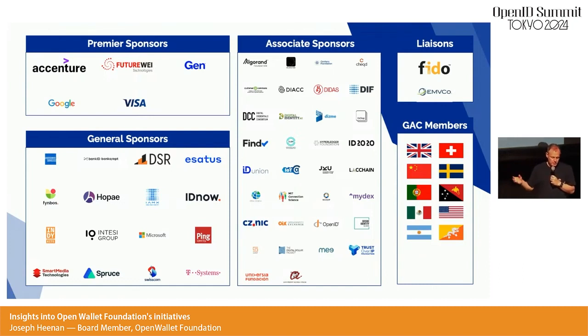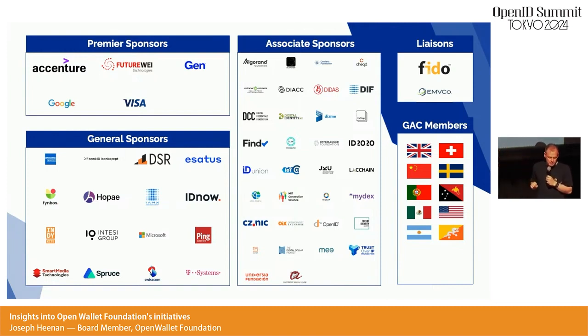We have the general sponsors at the bottom left, and again, you'll see some big names there. Ping Identity, who obviously have a very long history in the identity space. Microsoft, who I presume everybody's probably heard of at this point. Spruce, who provide the solution for the California mobile driving license, among other things. And then we have the SDO members down the middle.